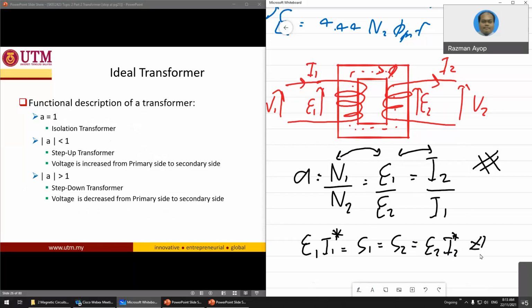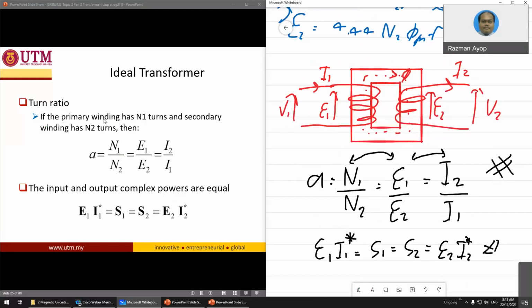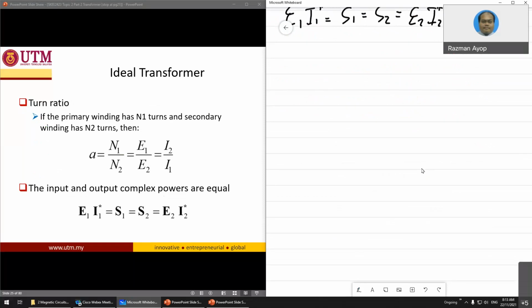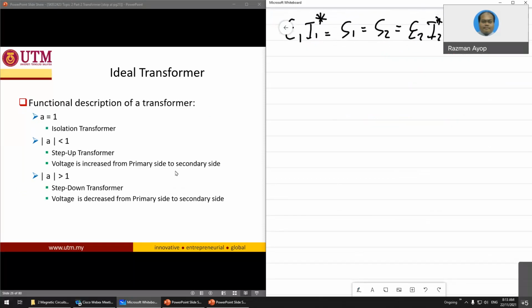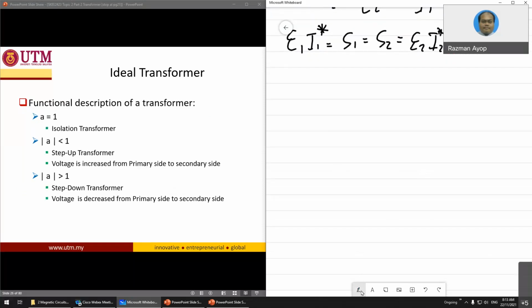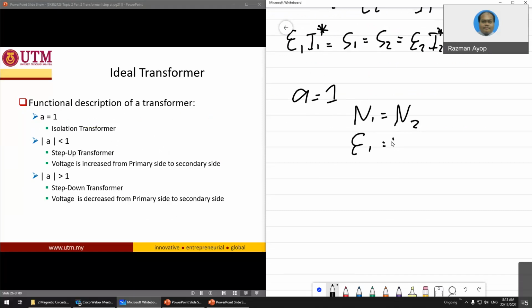So the turn ratio A can tell many things. If A equals 1, it means N1 equals N2, E1 equals E2, and I1 equals I2.